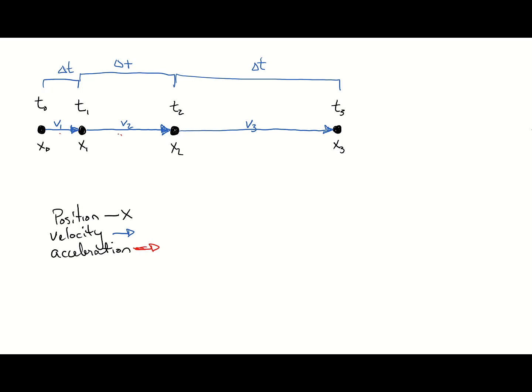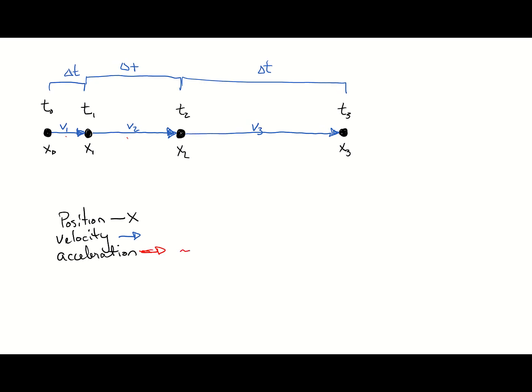You take the value at the end, the final, and subtract from it the initial. So the acceleration is essentially going to be the change in velocity between v1 and v2, which is v2 minus v1. And written another way, we can consider that v2 plus negative v1.